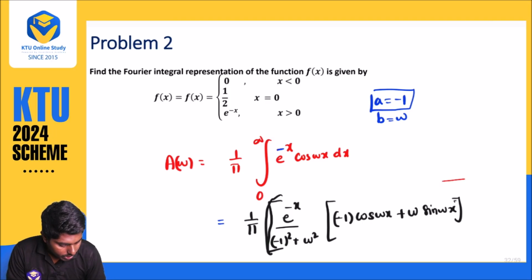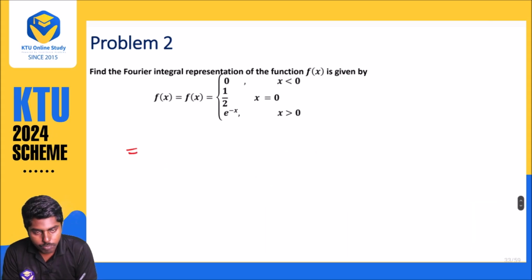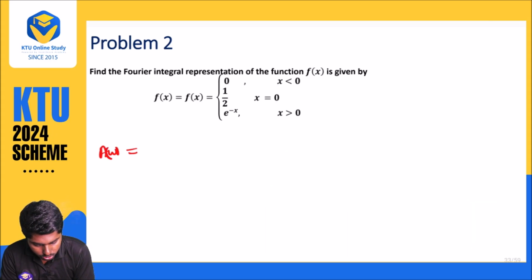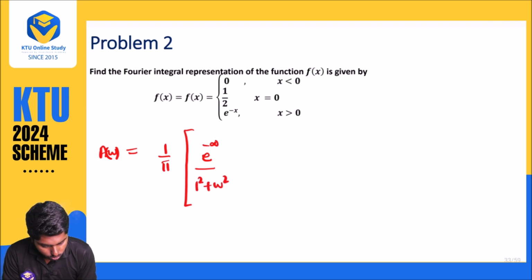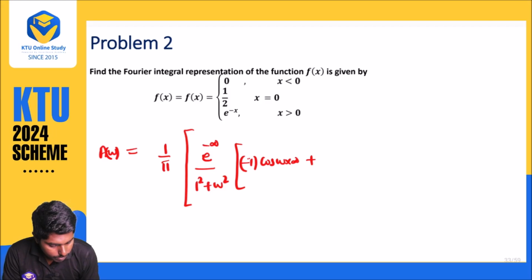Now apply the limit. The limit is 0 to infinity. When we apply the limit, A of omega is equal to 1 by pi, applying the upper limit: e power of minus infinity divided by 1 square plus omega square into minus 1 cos omega infinity plus omega sin infinity, minus the lower limit.